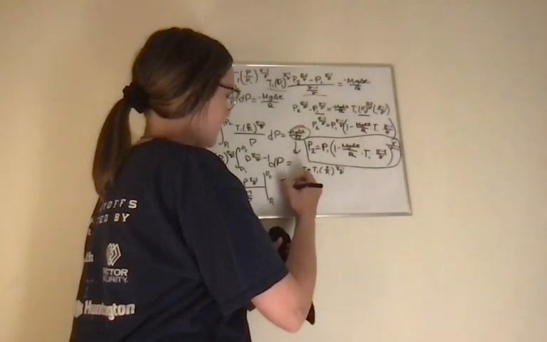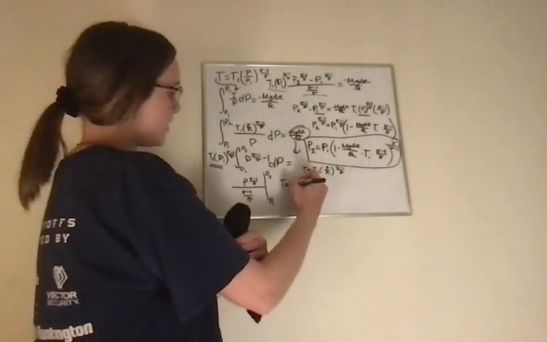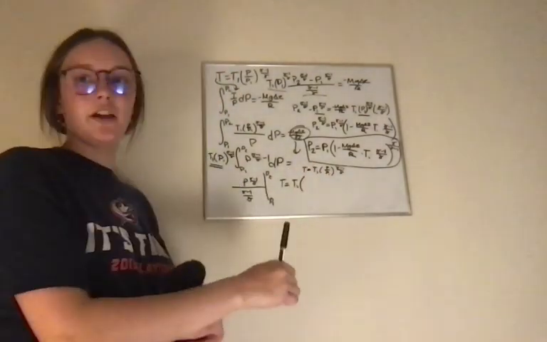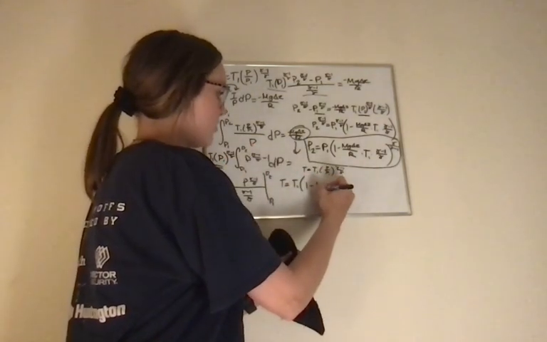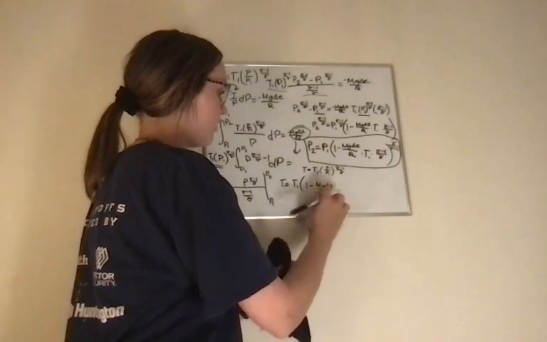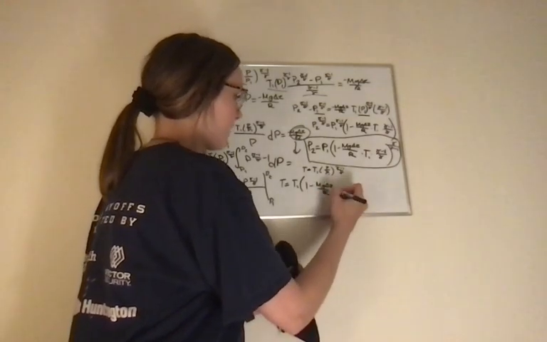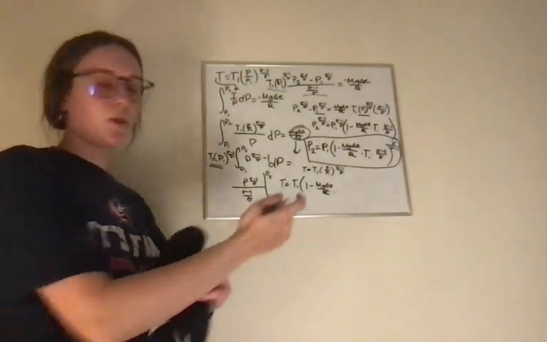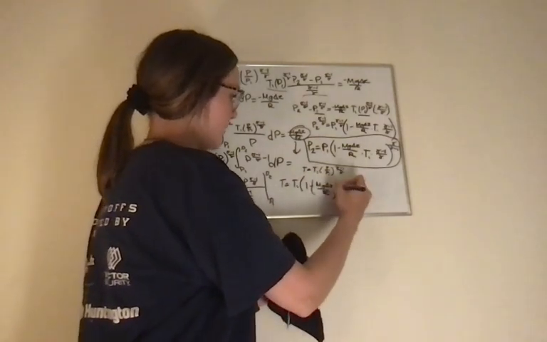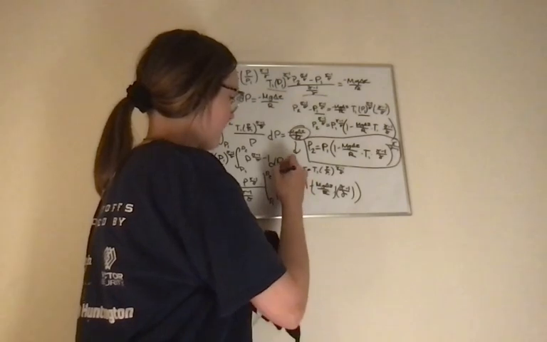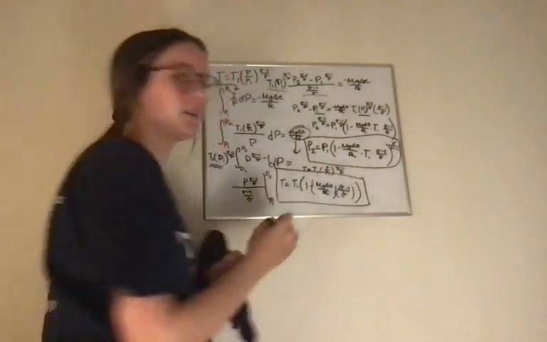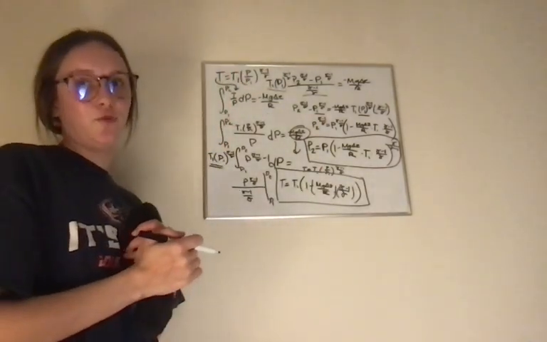So we're going to have T is equal to T1 times what we got before, 1 minus mg delta z over R, multiplied by gamma minus 1 over gamma, and this is going to be your temperature formula.